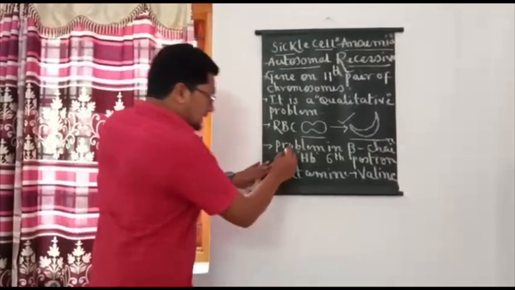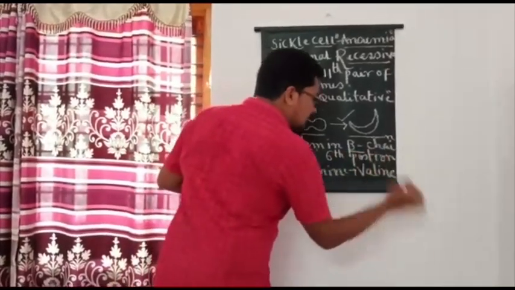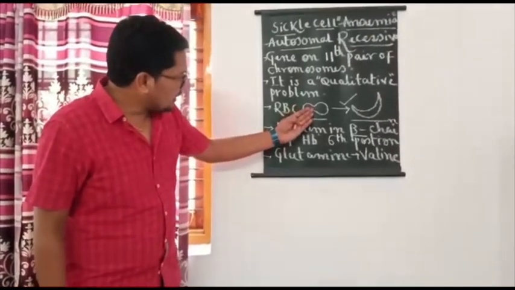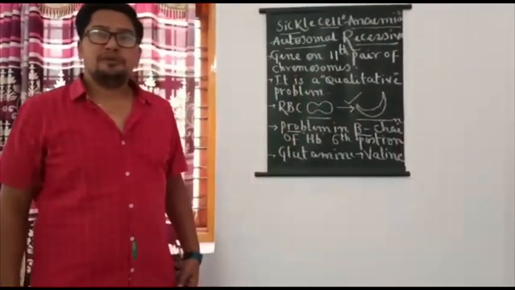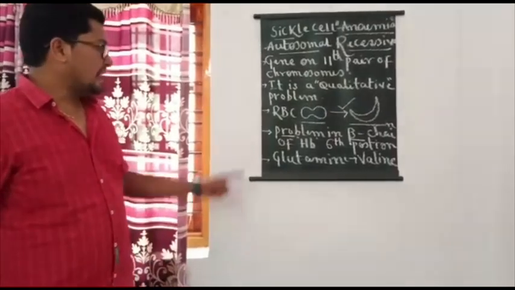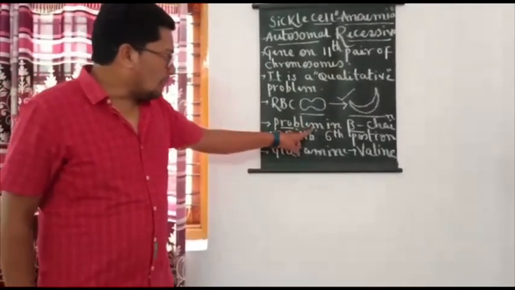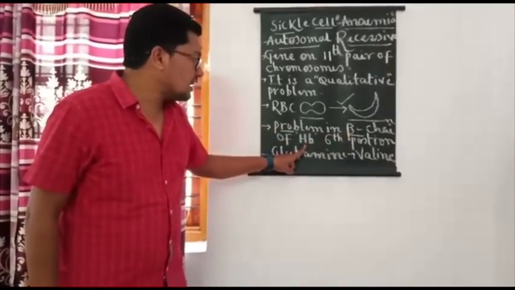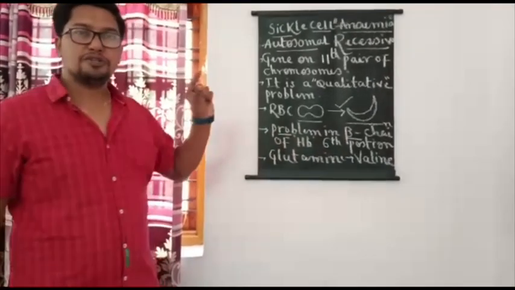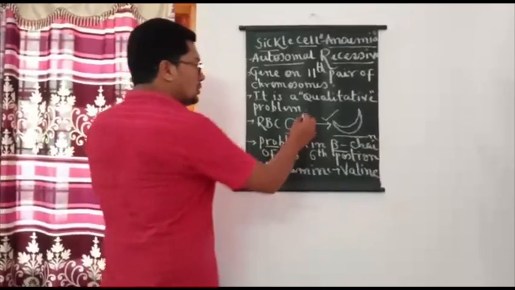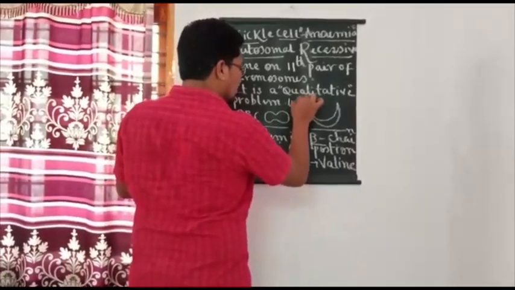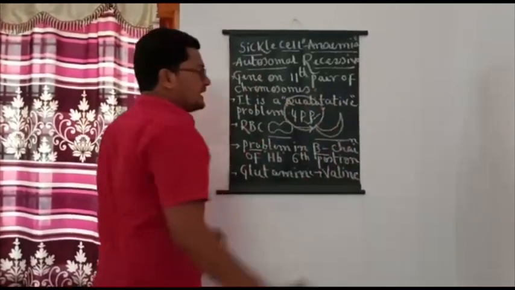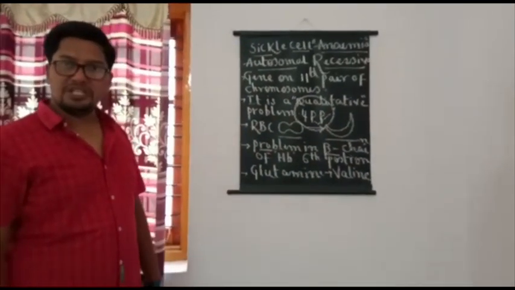And coming to the technicality of sickle cell anemia, why does biconcave RBC get converted into sickle shaped RBC? Here the problem is always in the beta chain of the hemoglobin molecule. And students know hemoglobin usually contains 4 polypeptide chains.